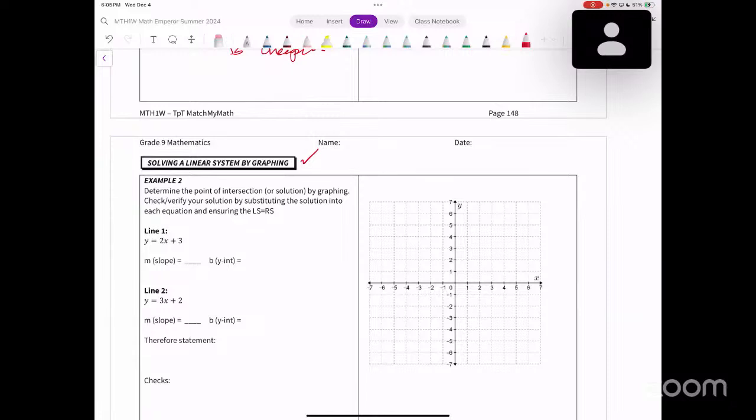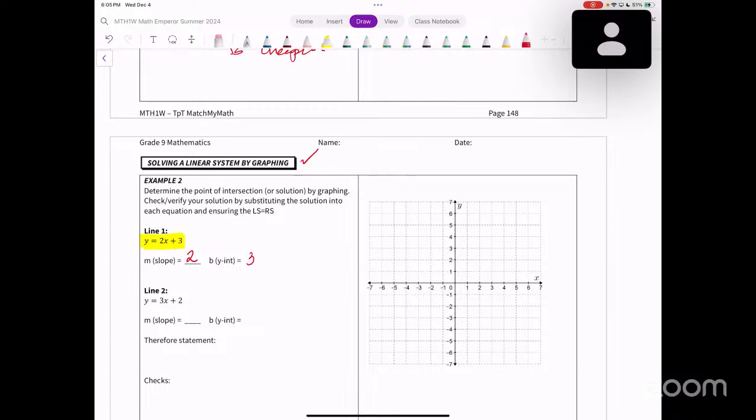Can you tell me what the slope of this line is? 2x? So 2x is the slope of the line? Okay, I'm going to go back to Shreya. What is the slope of the line, Shreya? 2. You don't tell the slope with the x. What is the y-intercept, Shreya? 3.